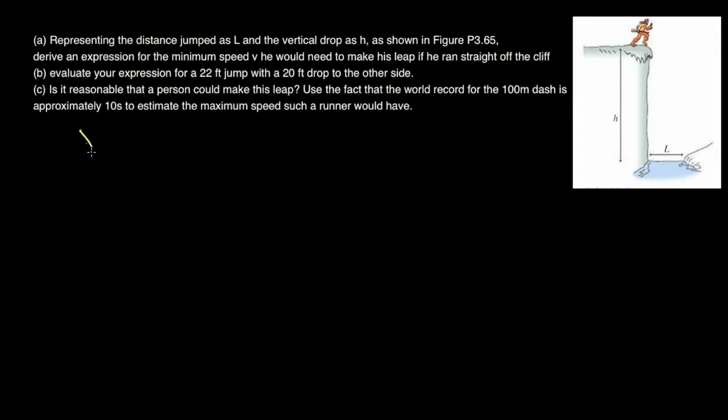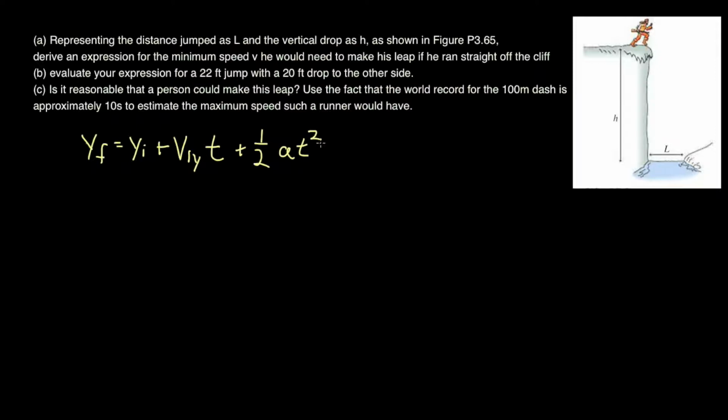So let's do y actually. y final is equal to y initial plus the initial velocity, v_iy, in the y direction, times time, plus 1/2 times the acceleration times t squared.